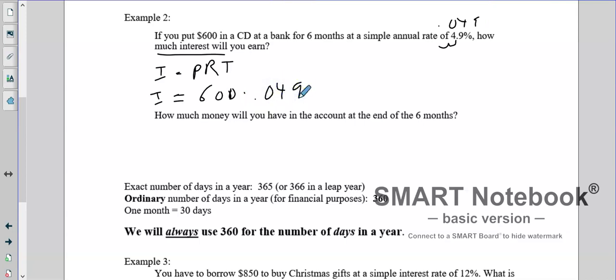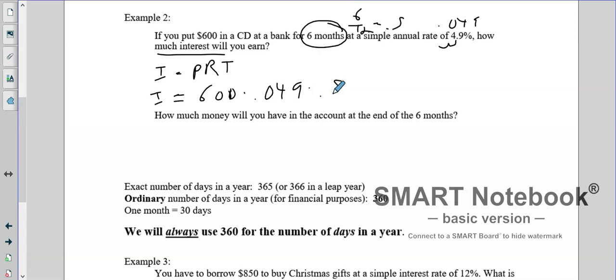And then the trick here is time. Now, time is always given in years. We have 6 months. Okay? That's half a year. So this is really 6 out of 12, which is 0.5 or 1/2.